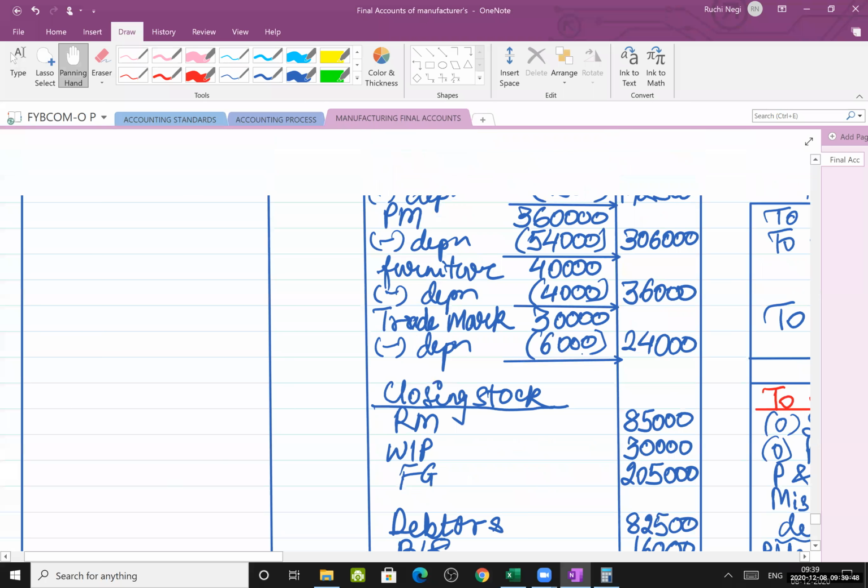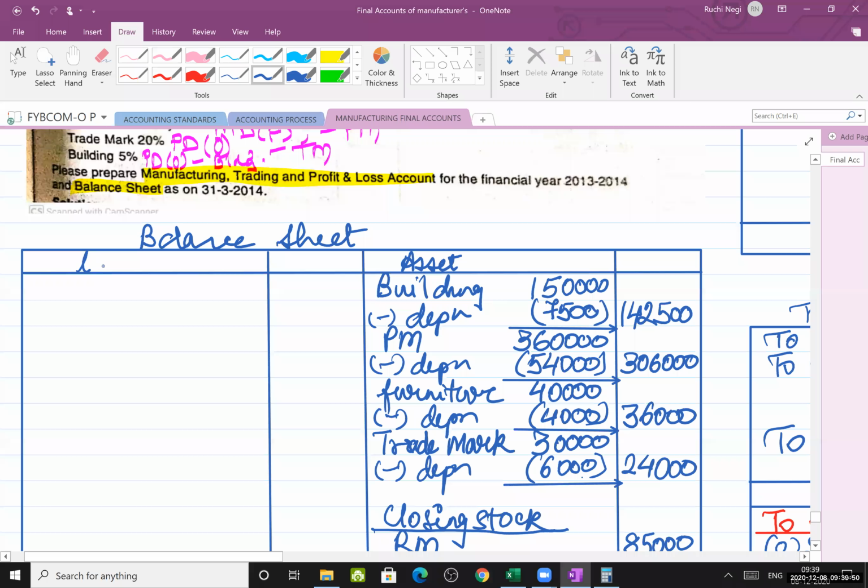Then you have the liability, obviously. Liability. Okay. So balance sheet as on 31st March 2014. We have capital account with us. Yes. 8,50,000. What will be added to it?